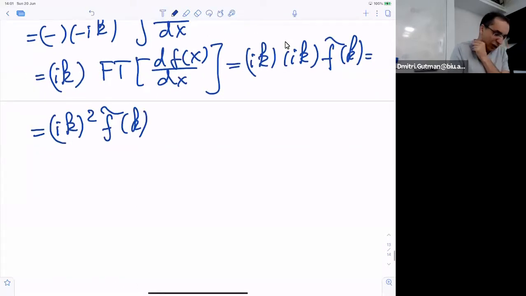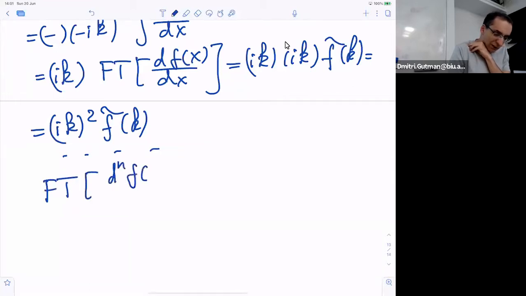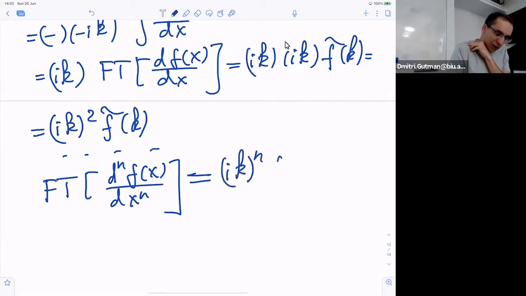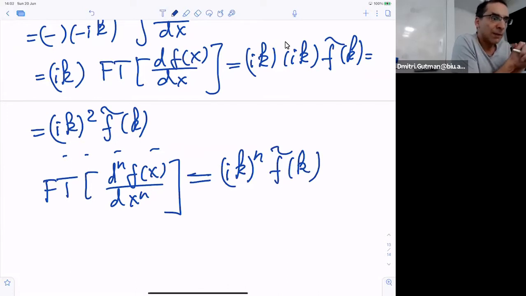Now we can, of course, generalize this proof and show that the Fourier transform of the derivative of nth order of f of x will yield just ik to the power n times the Fourier transform of the function f. So essentially, under the Fourier transform, a derivative with respect to x generates i times k.